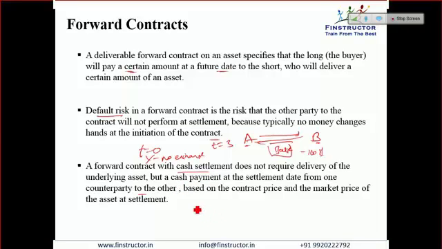So we'll understand. Same example, A and B and the book. At T equal to 0, they entered the contract to exchange the book at T equal to 3 for a price of $100. So A sells for $100 and B buys the book for $100 3 months later. At T equal to 3, the market price of the book, let's assume, is $80.